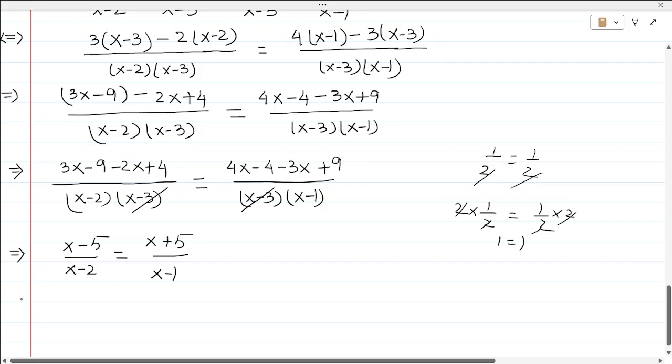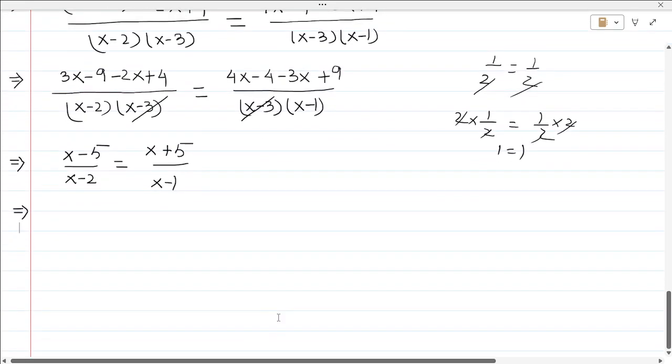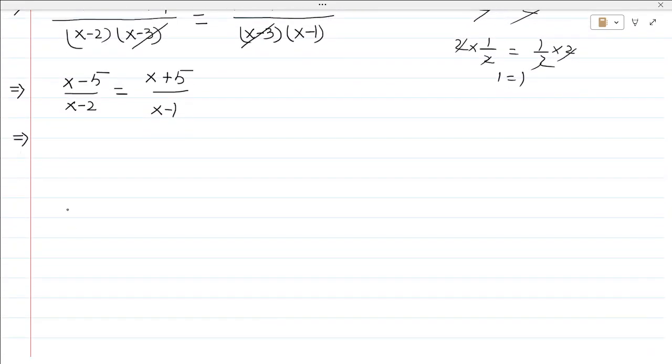Now cross multiplying, by cross multiplication we get x minus 5 into x minus 1 equal to x plus 5 multiplied by x minus 2.